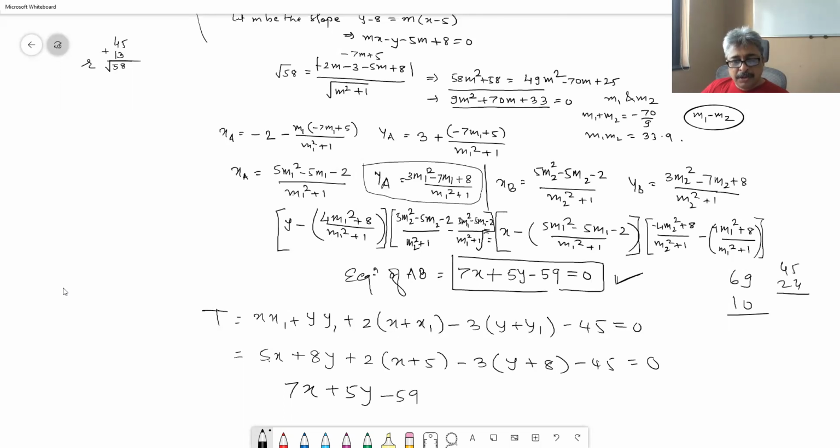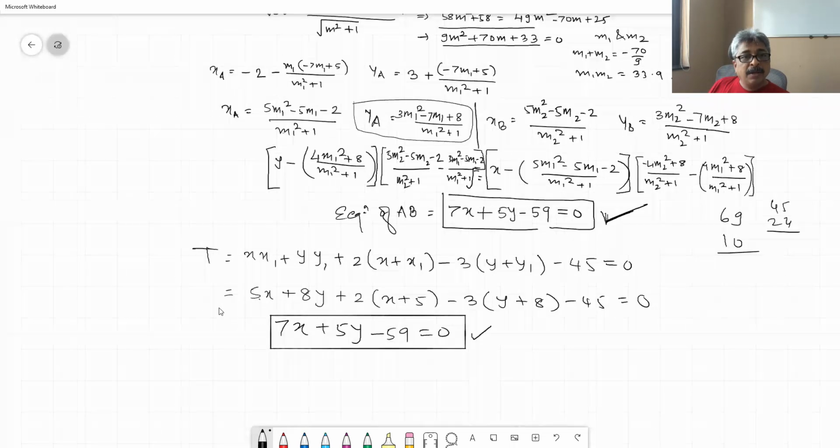Minus 59 is equal to 0, oh my god, this and this is same. Now we need to decode why the point outside the circle is giving us the equation of the line passing through AB.